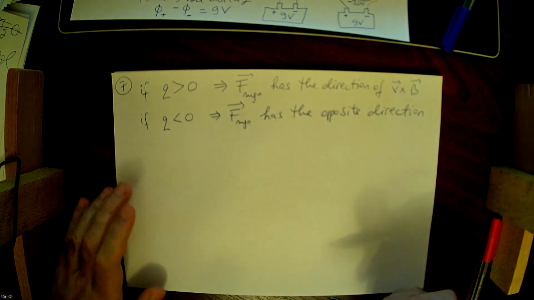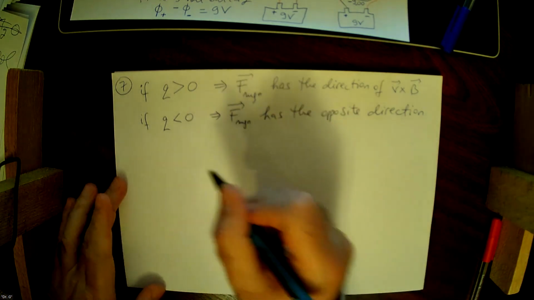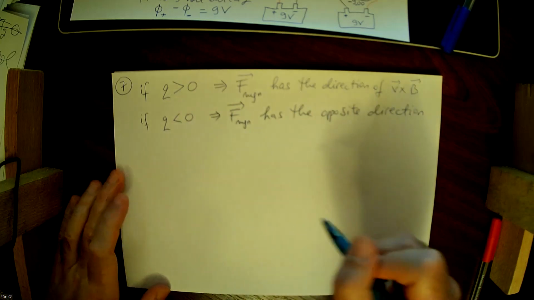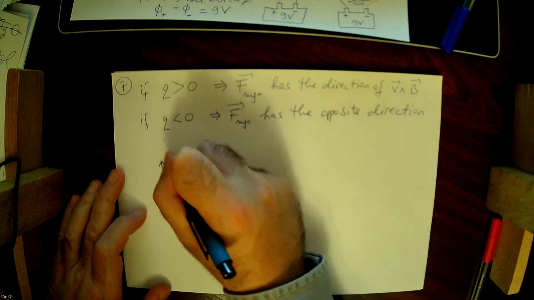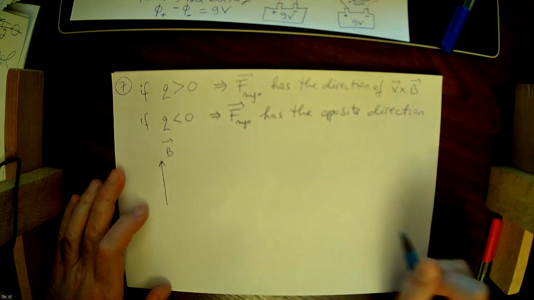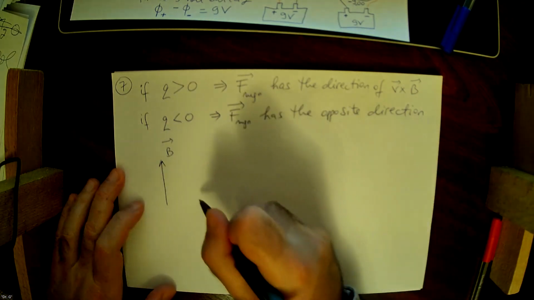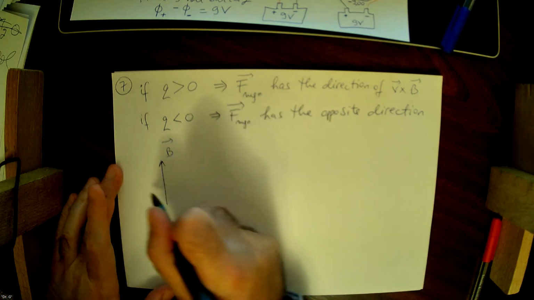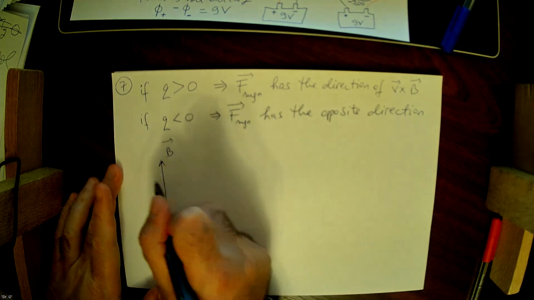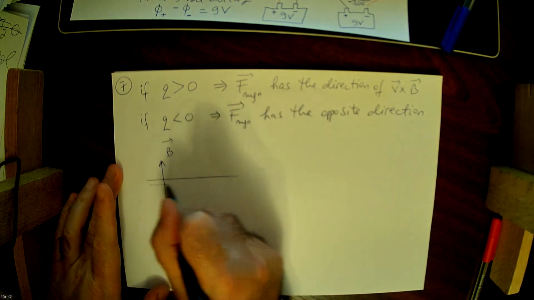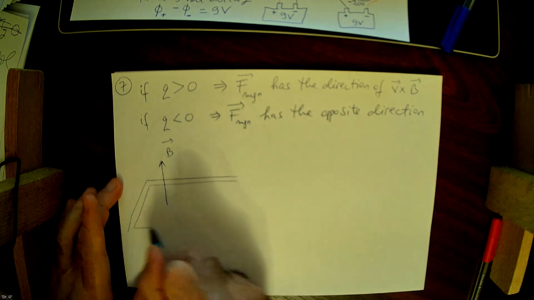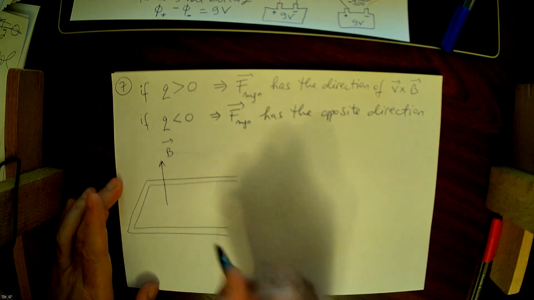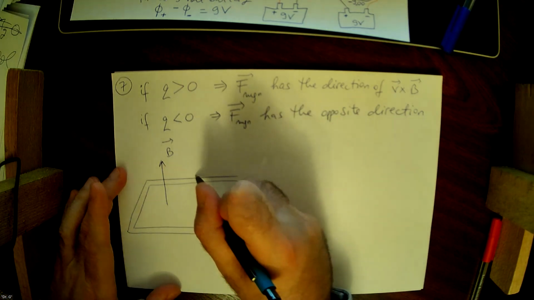And now let's look at what happens in our rail. We have a magnetic field that goes like this, and then we have the rod.